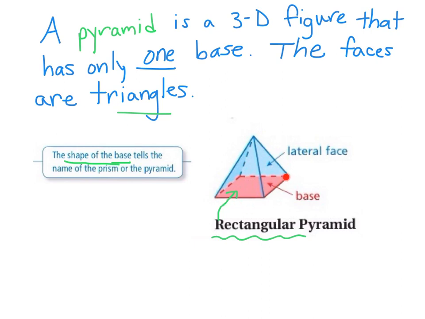And the name again, which you don't have to write down a second time, you just wrote it on the last slide, is going to be determined by what the base shape is, and the polygon on this one is a rectangle, so we would call this a rectangular pyramid because its rectangle is a base and all of the faces are triangles.